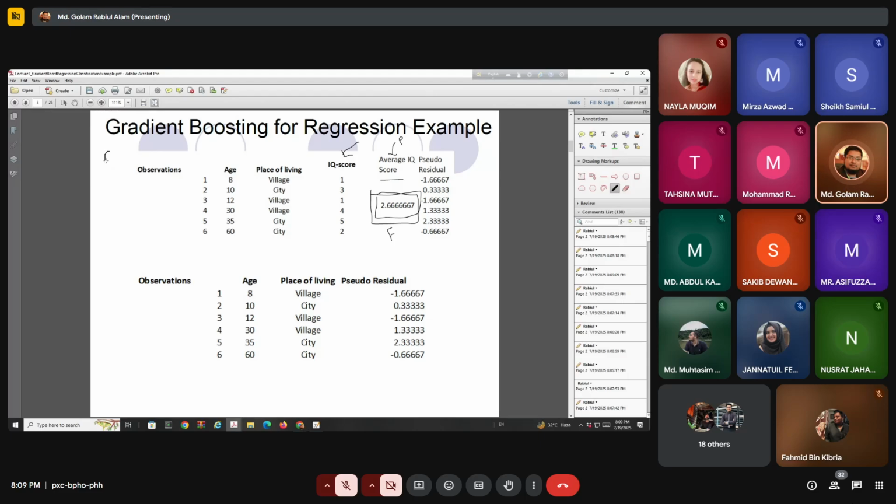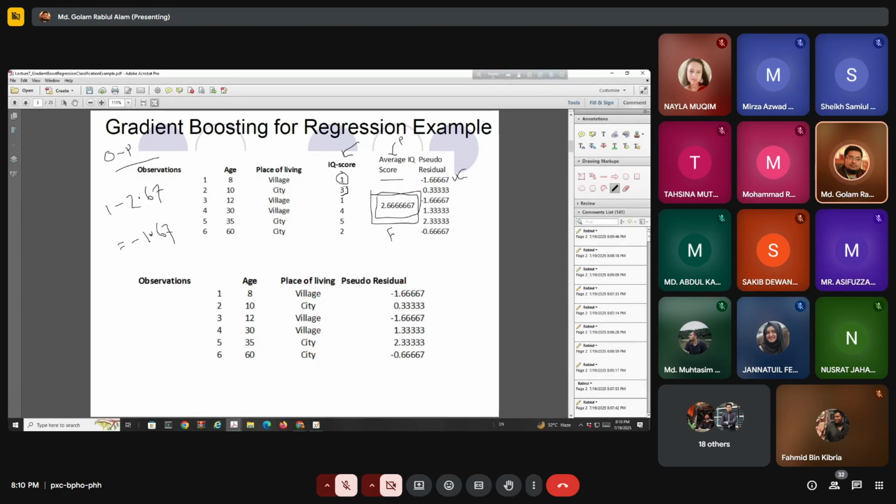Original minus prediction will provide us the residual. Original here is 1, and prediction is 2.67. 1 minus 2.67 will provide us negative 1.67. This is the residual.